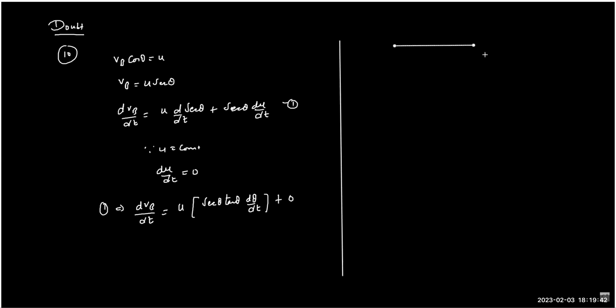So I'll do half of the triangle. And this is the knot position. You can call this y, this b, and this theta. So tan theta is b by y. So y is b cot theta.